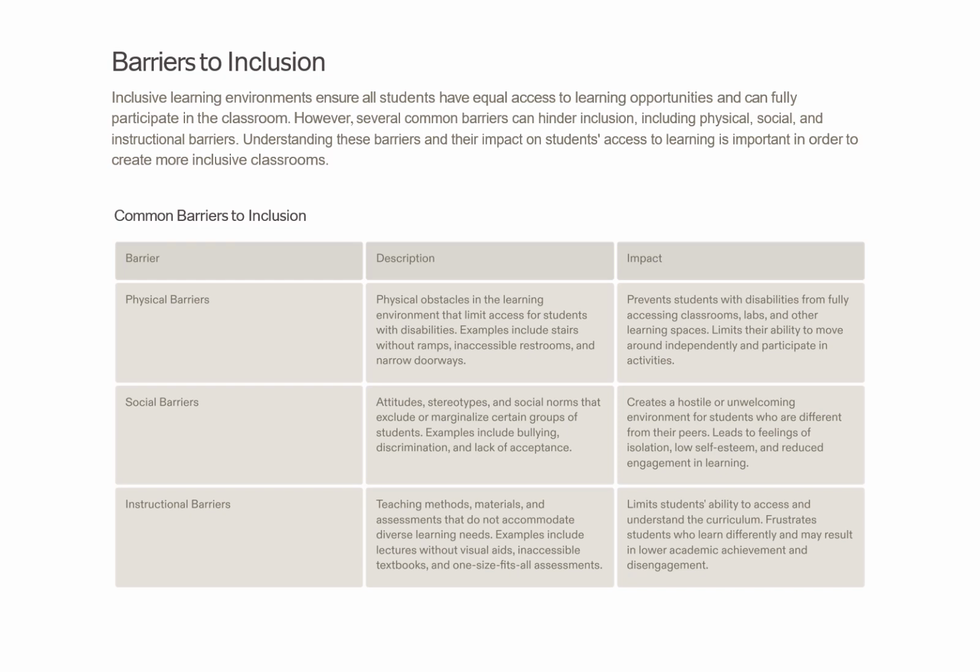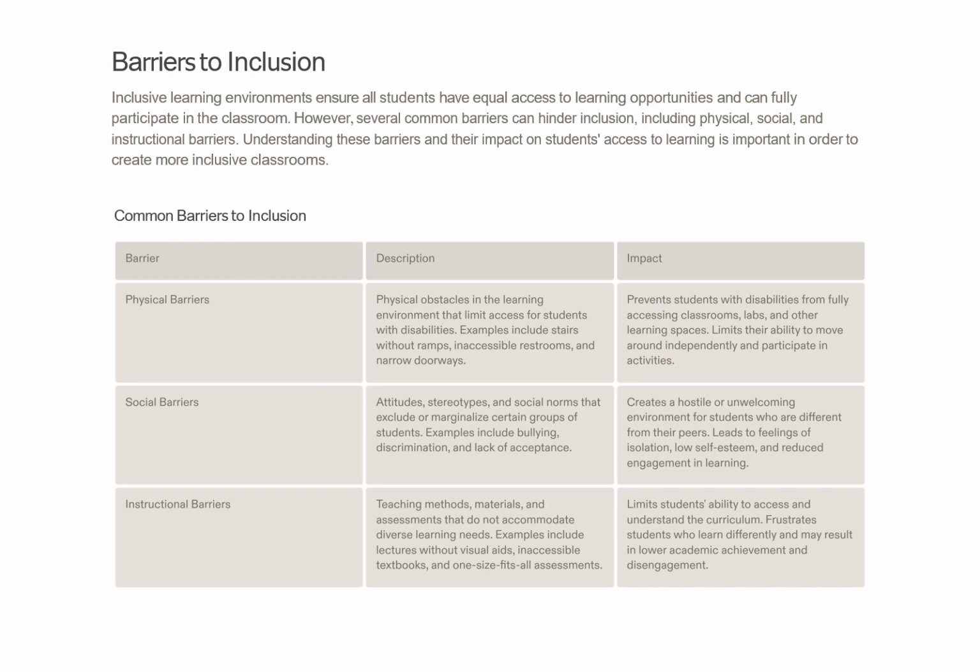So let's take a look at some barriers to inclusion. Physical barriers manifest as tangible obstacles in the learning environment, such as stairs without ramps or inaccessible restrooms. These barriers limit students with disabilities' ability to navigate spaces independently and fully participate in classroom activities.